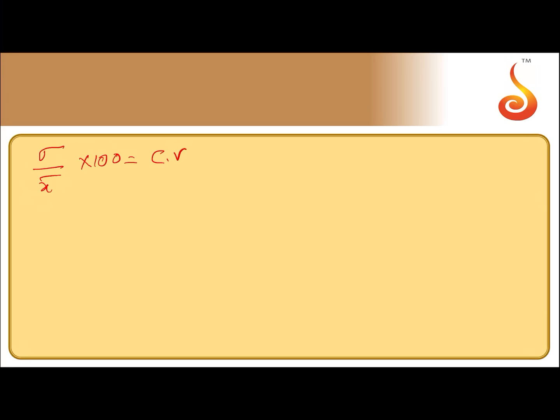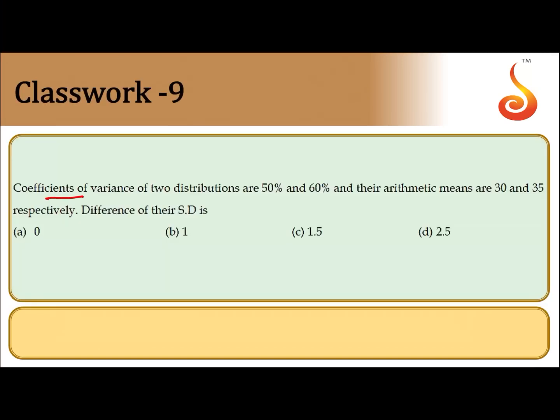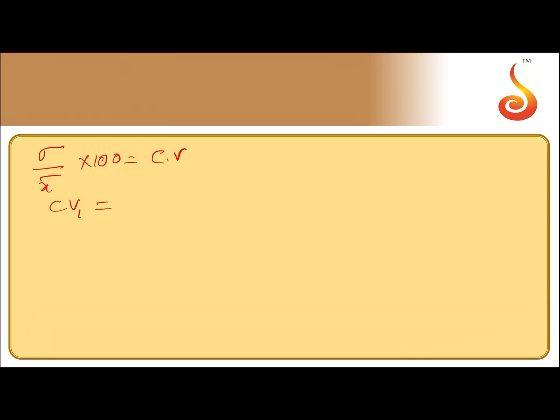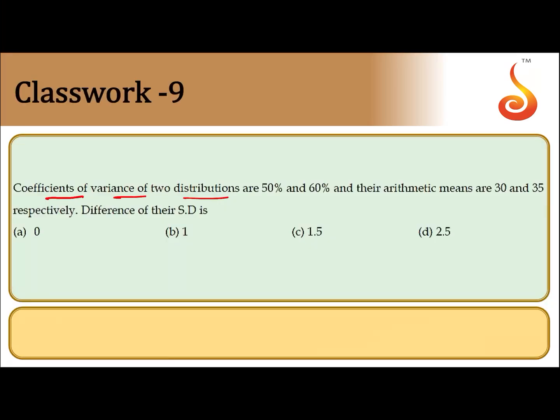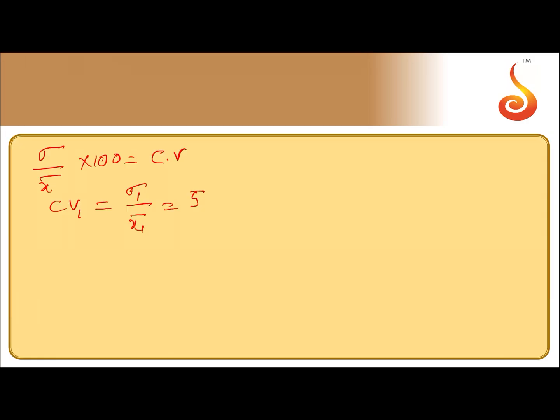The coefficient of variance of one distribution is 50%, which is sigma 1 divided by x1 bar, equal to 50 by 100.